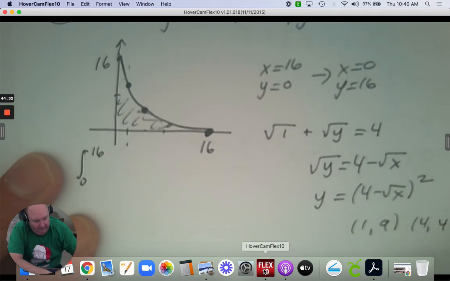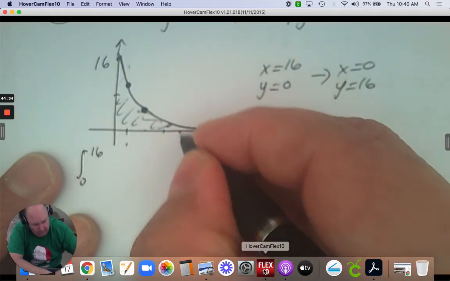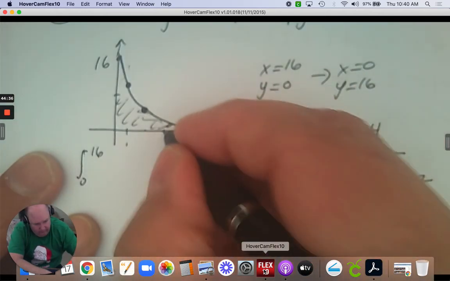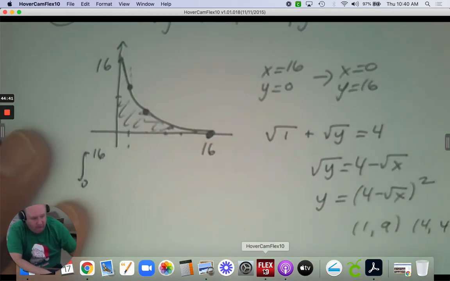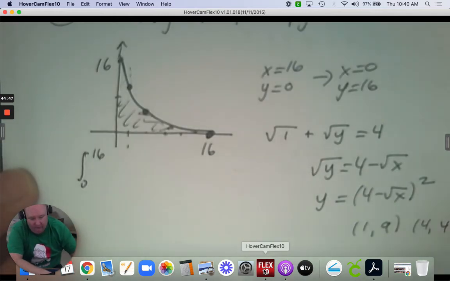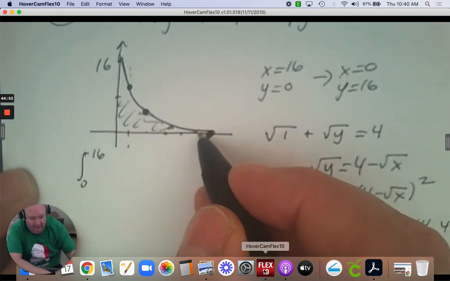Square root of 9 gives me 1. So you can see how it's decreasing. I could have found more points: 1, 9, 9, 1, 4, 4. Notice how every point is like an inverse that's already on the graph. Anyway, I'm integrating from 0 to 16.